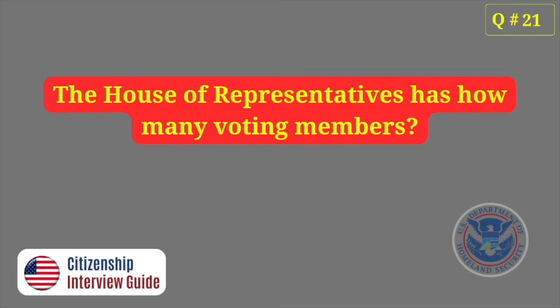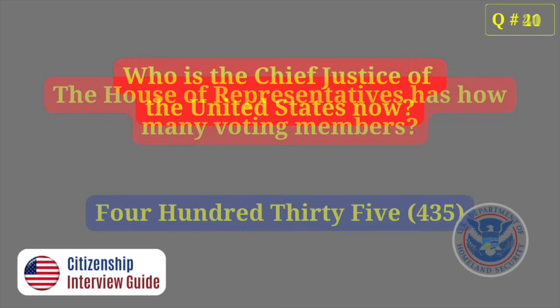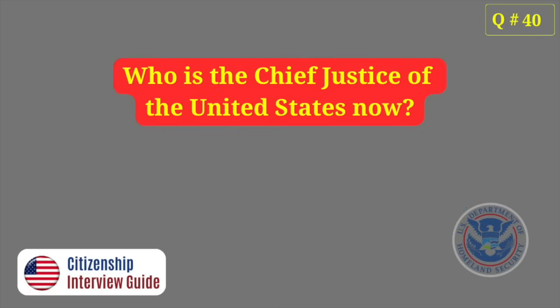The House of Representatives has how many voting members? 435. Who is the Chief Justice of the United States now?